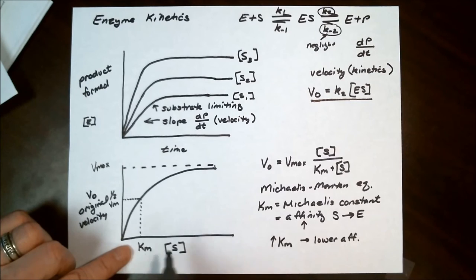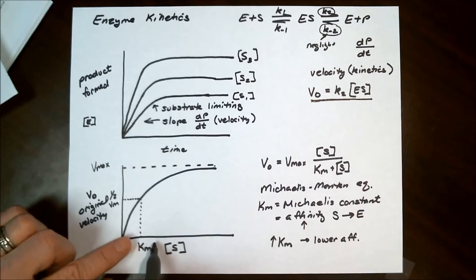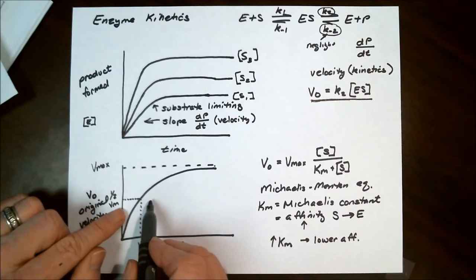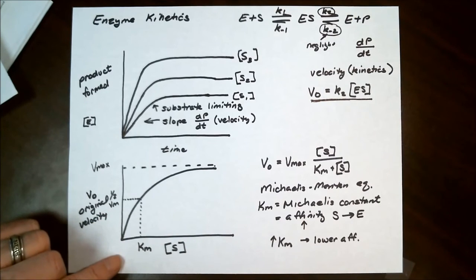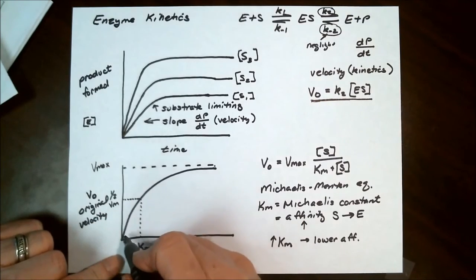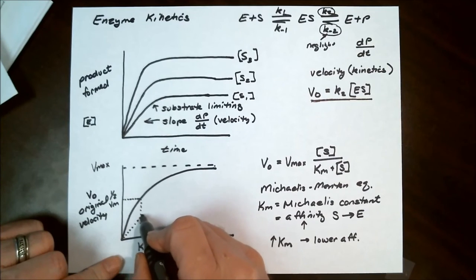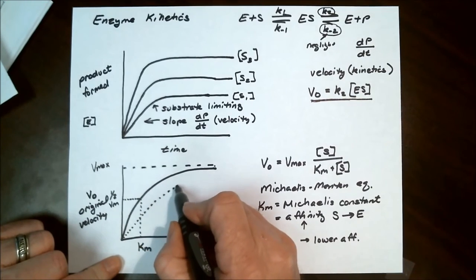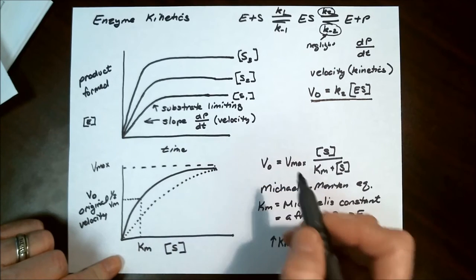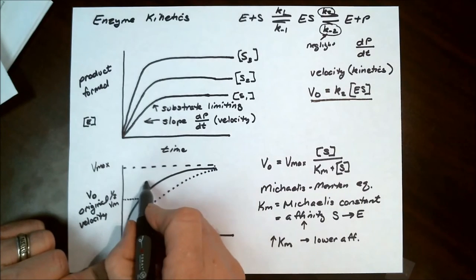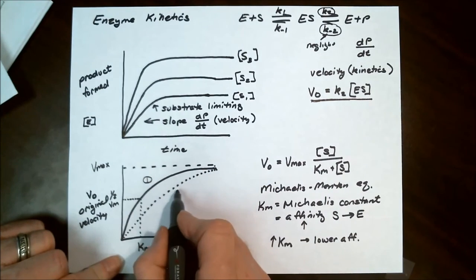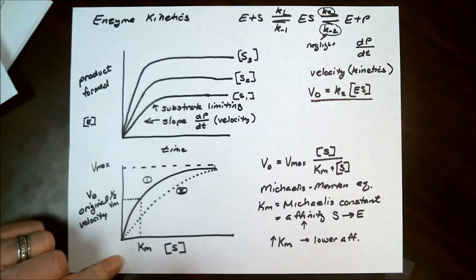But the higher the Km means that it takes a higher substrate concentration to reach 1/2 Vmax. So if we contrast two enzymes, let's say we have two enzymes here we're comparing. This would be enzyme 1. This would be enzyme 2.